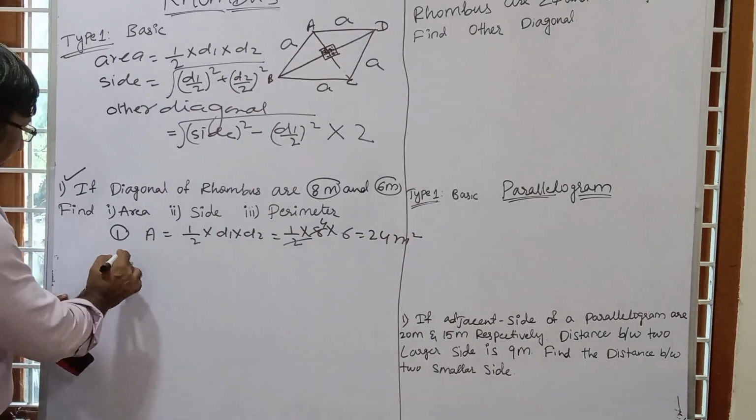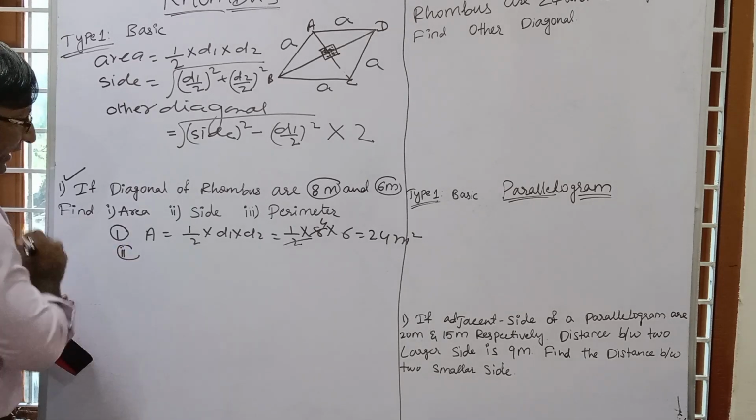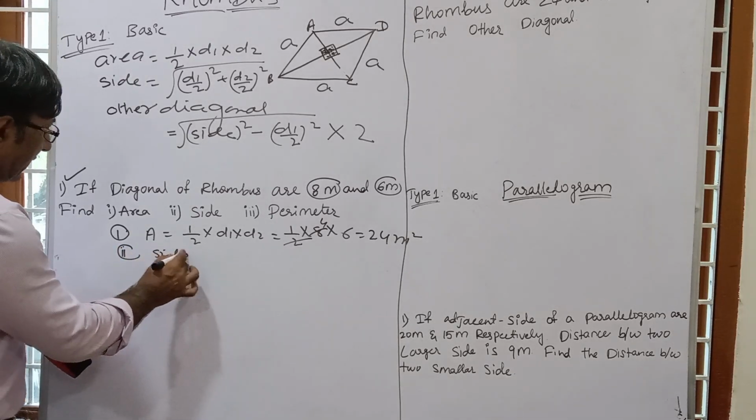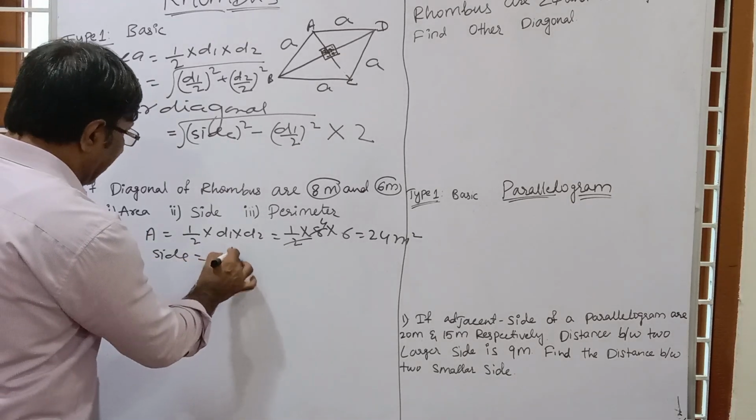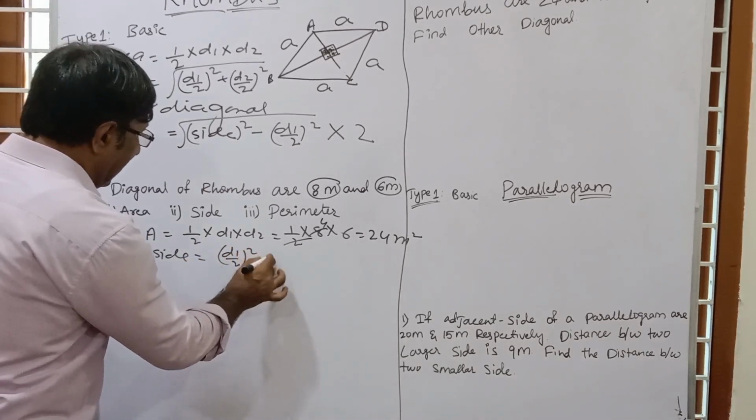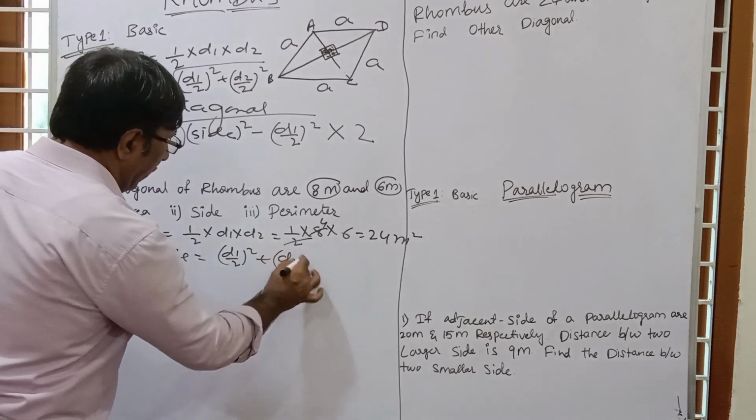In the same way, we have to find the side. So you know the formula, side equals what? Root under diagonal 1 by 2 whole square plus diagonal 2 by 2 whole square.